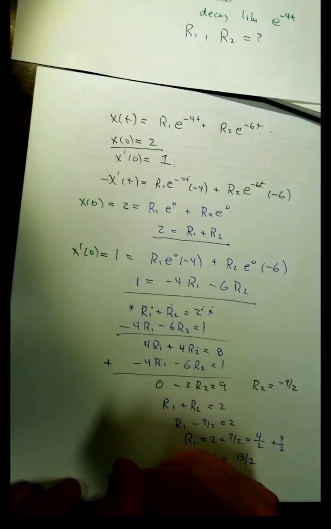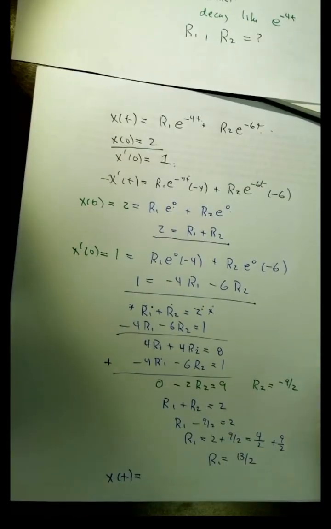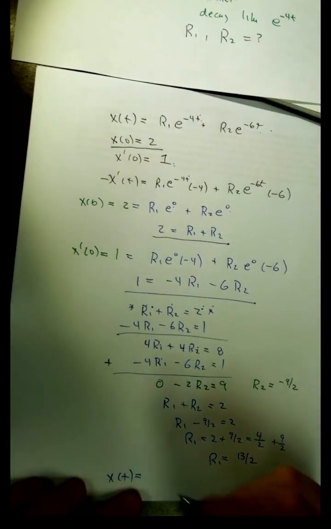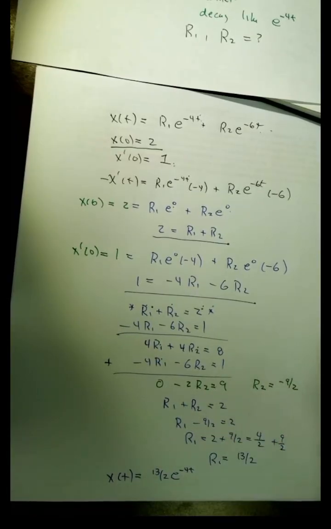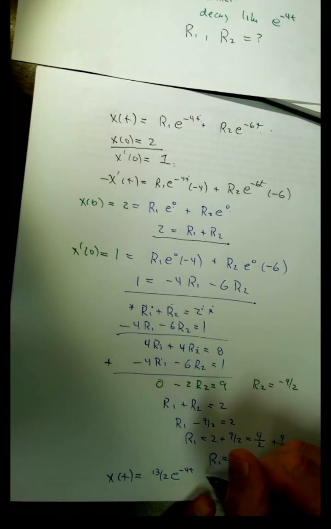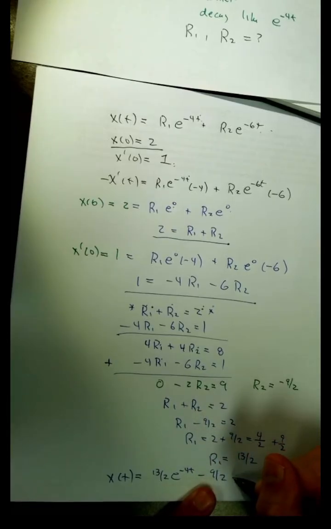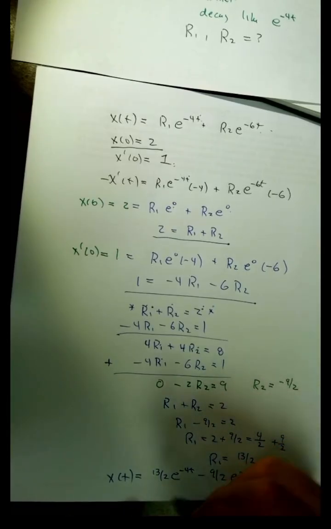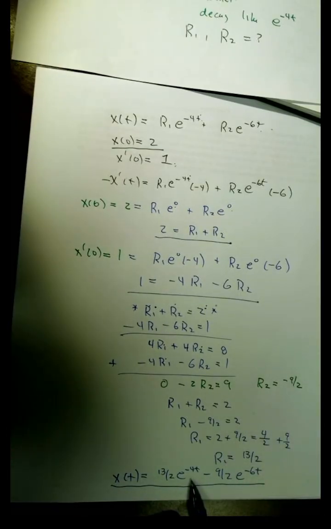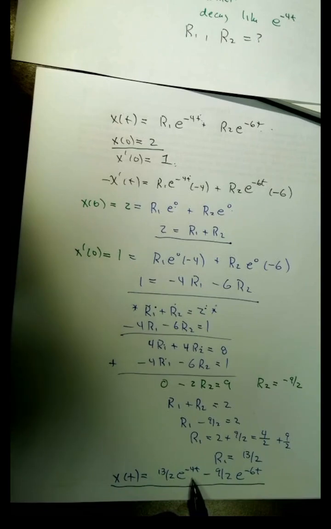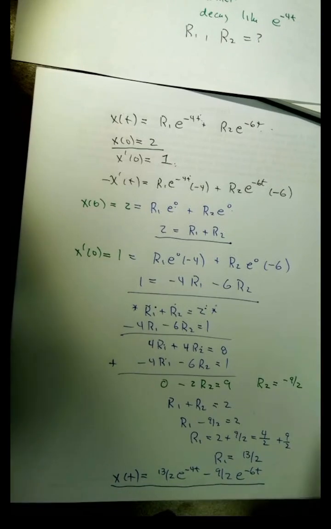This means my solution, x(t), is 13/2 times e^(-4t) plus -9/2 e^(-6t). That's my solution. Again, notice that e^(-4t) is the dominant term. The whole thing is going to decay to 0, but it's going to decay like e^(-4t).